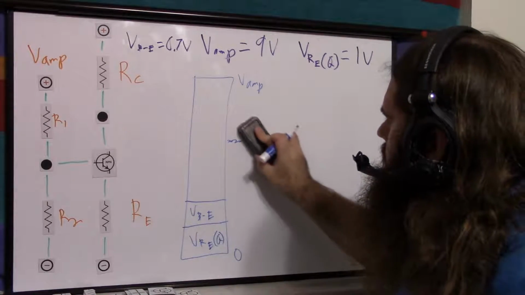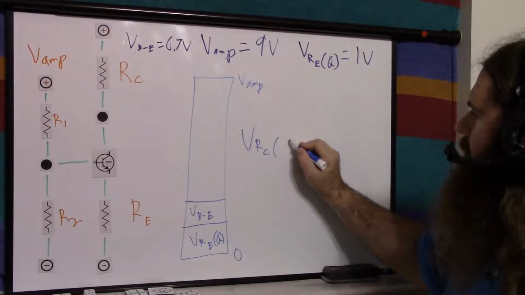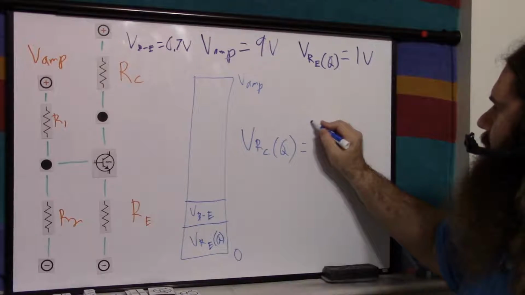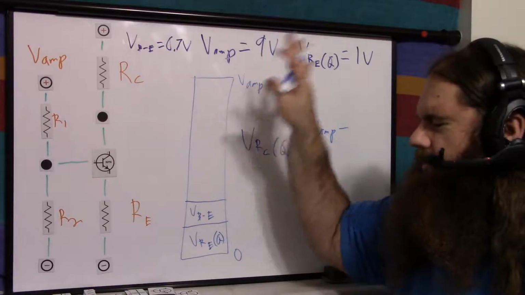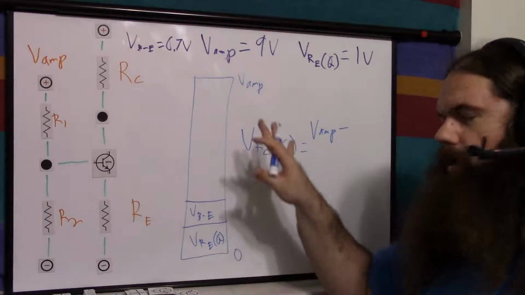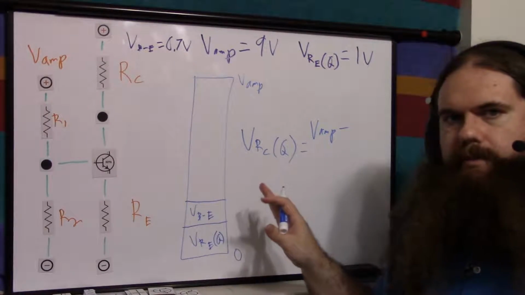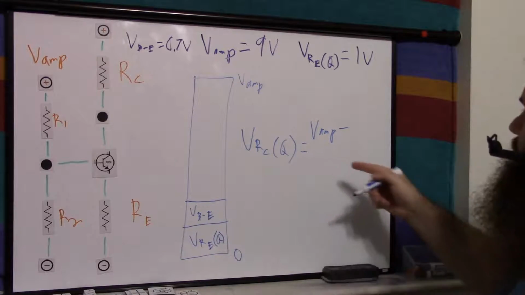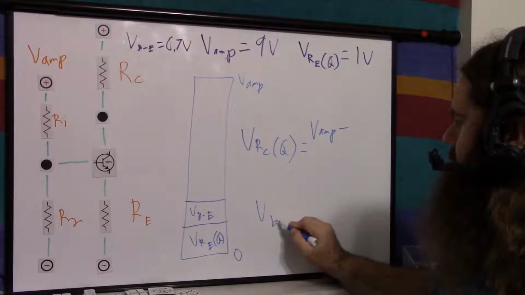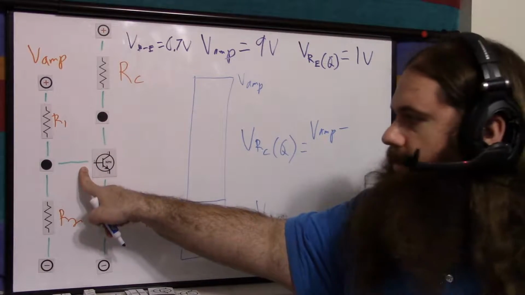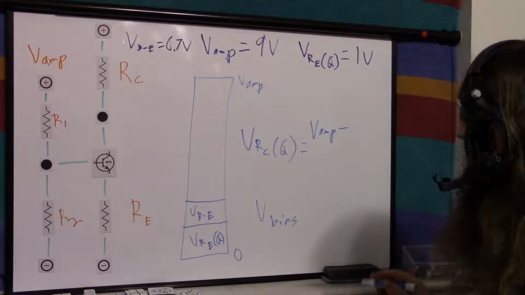So we just do voltage of RC at quiescent equals V amp minus, and I'll go over all of this in summary at the end, just all the equations in a row. Right now I'm just going over it, so if you're having trouble keeping track, go for the summary at the end. But it's V amp minus, and one thing I didn't say is V bias, because we're setting this base, right, this resistor there, which I just erased.